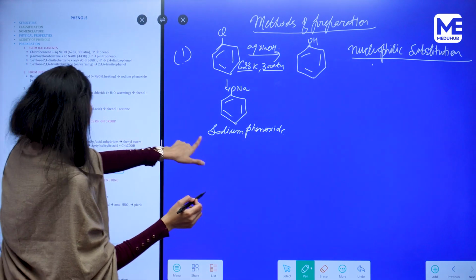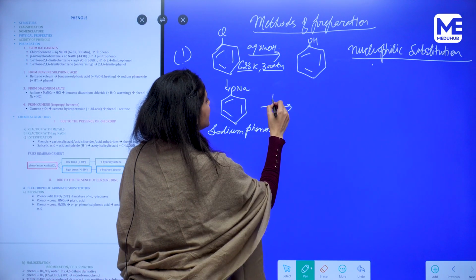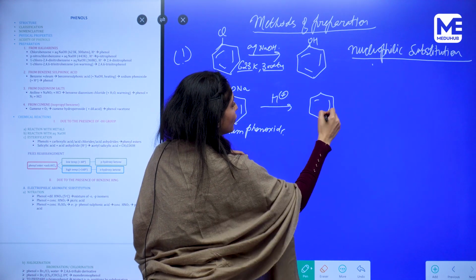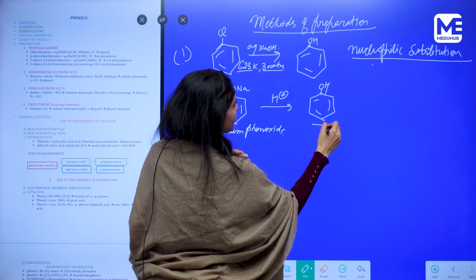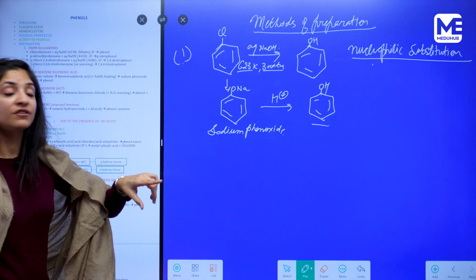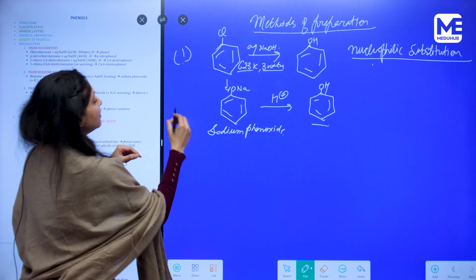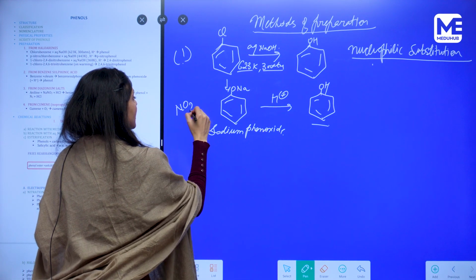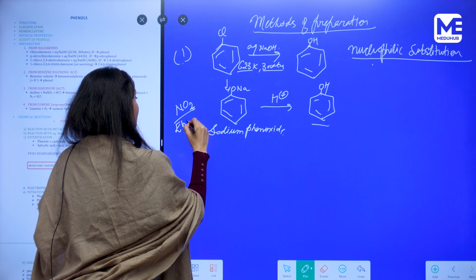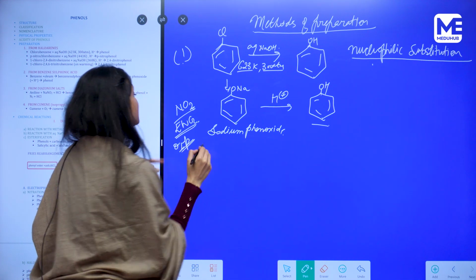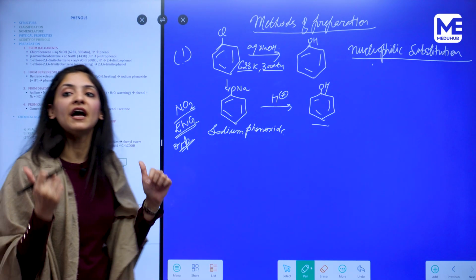First we get the sodium phenoxide, which on acidification gives us the phenol molecule. So this nucleophilic substitution reaction becomes easier if there's an NO2, that is an electron withdrawing group, at the ortho or para position. This is something that we have again discussed earlier in haloarenes.